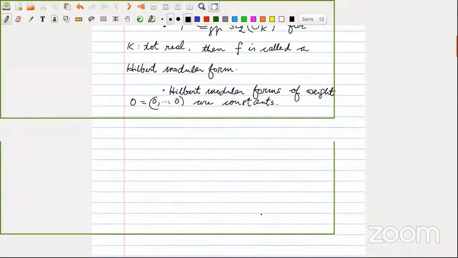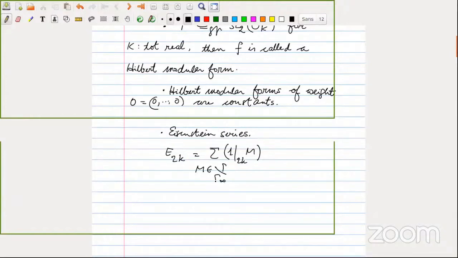And then we also gave the example of Eisenstein series. So this was defined by E_k equals the summation of 1 over the 2k weight here applied to m, where m belongs to gamma mod gamma infinity, like this.